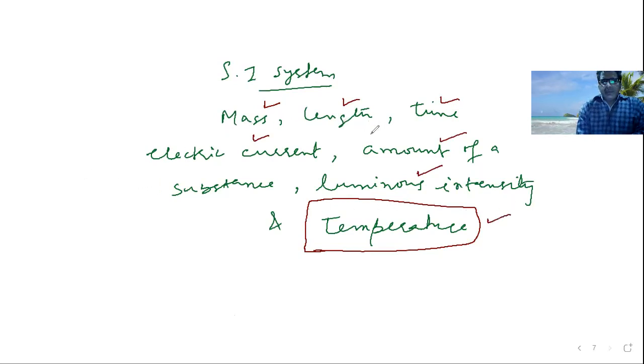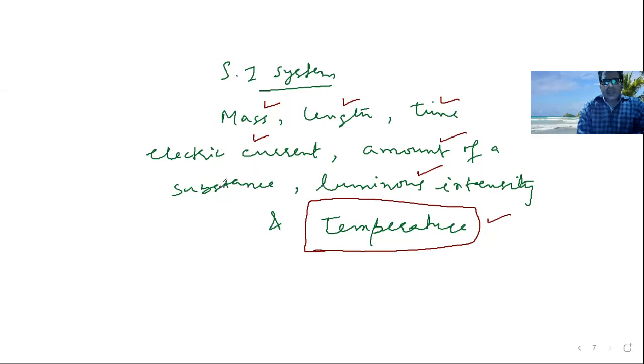Now the measurement of these 6 quantities, excluding temperature, is different than that of temperature, because the nature of temperature is different than these 6 quantities.